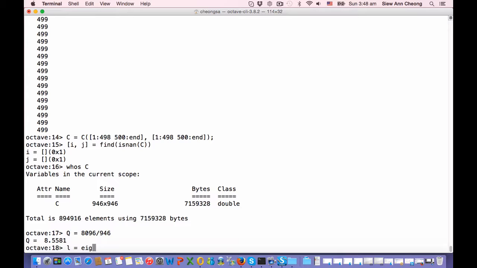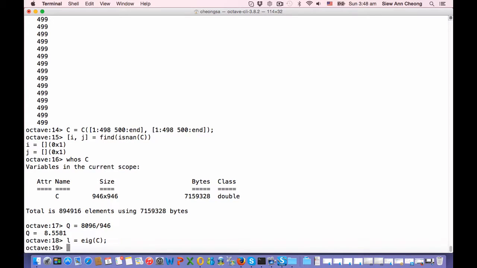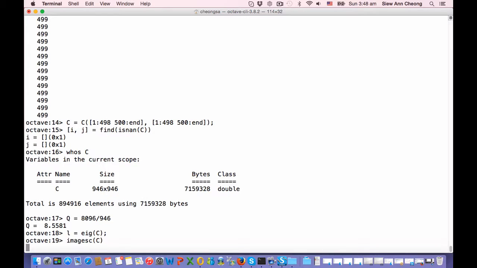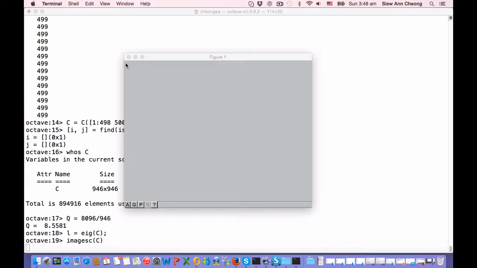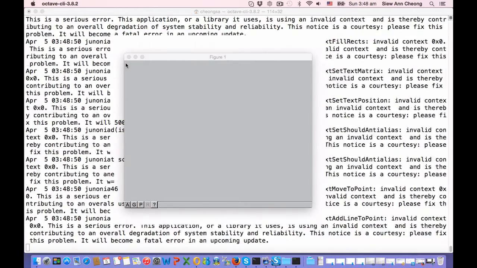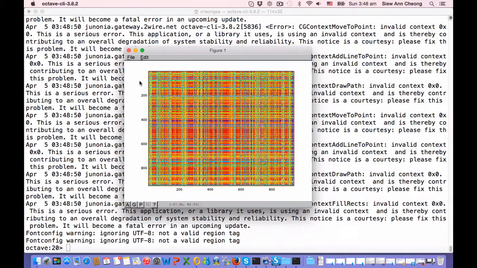L equals eig of C. In fact, you can plot it and see how the matrix looks like. It's a lot more interesting than the artificial time series, so you can see a lot more red, indicating high correlations, and lesser blue indicating negative correlations. So we're not that interested in this particular color map.